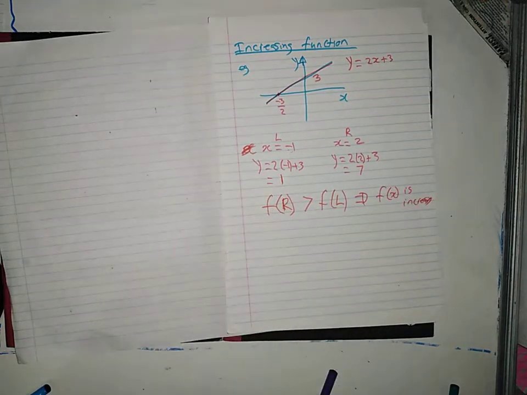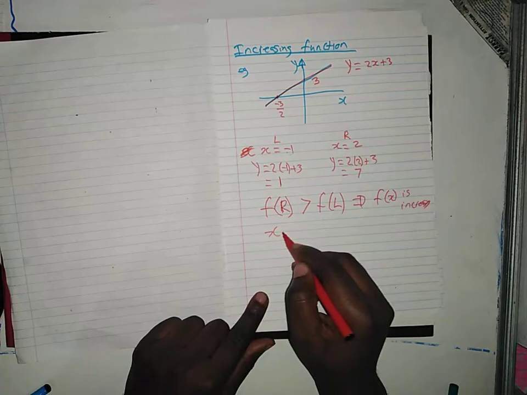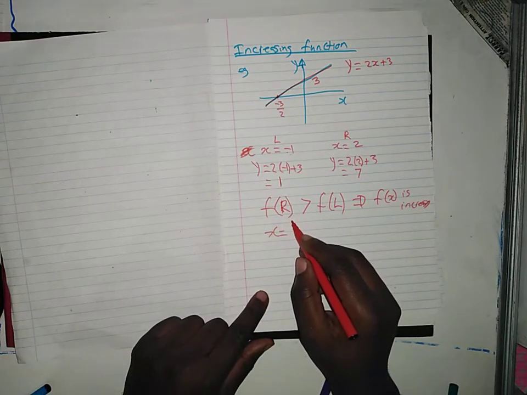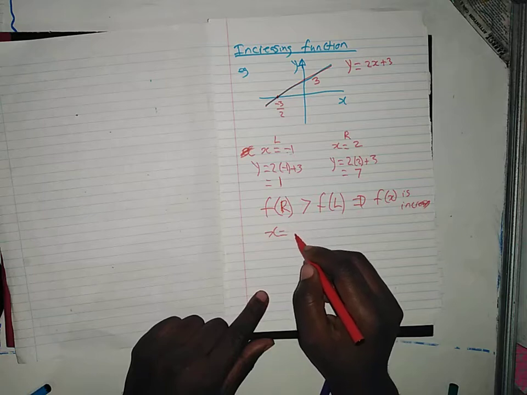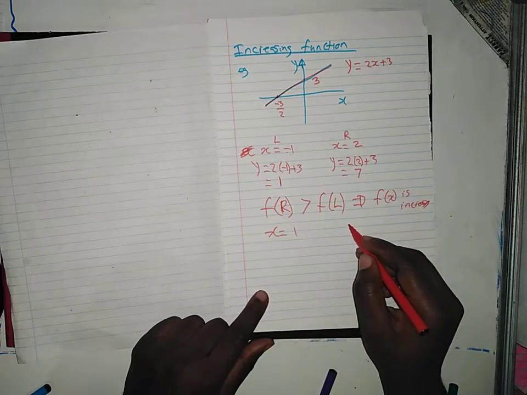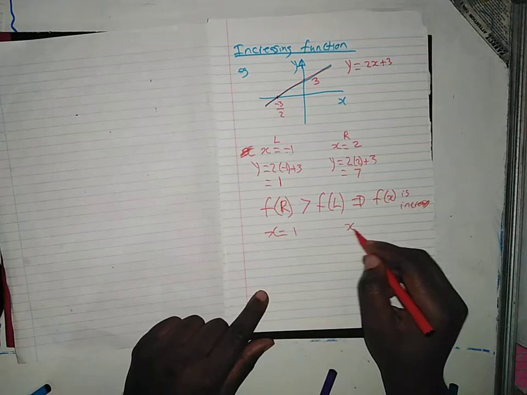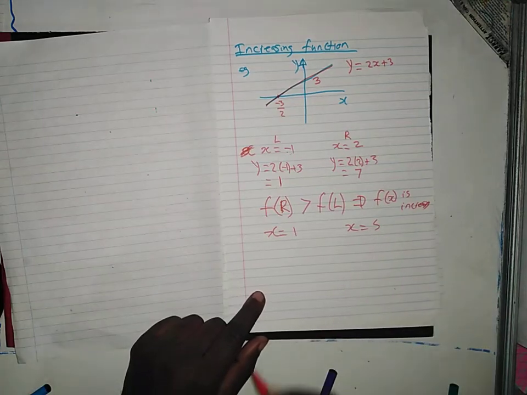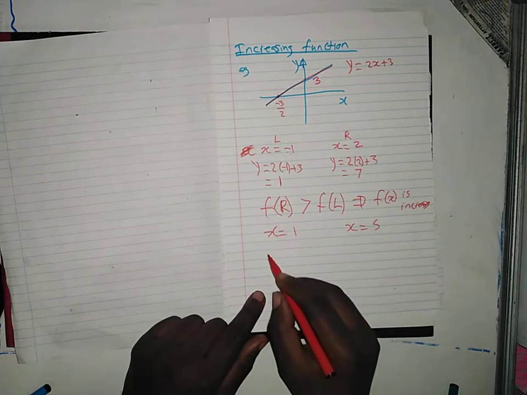I can give you another one. Say x is equal to 1 now, and then x is being equal to say 5. Okay, so when you substitute this one, what are you going to get?